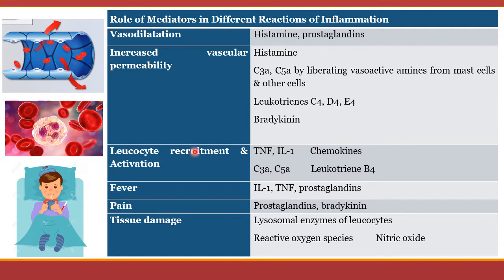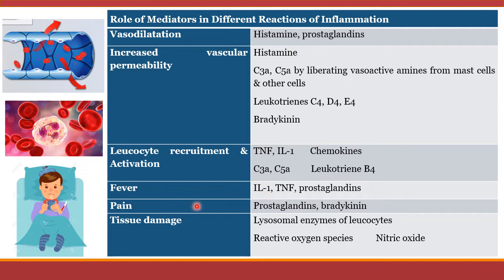For the leukocyte recruitment and activation, the most important are tumor necrosis factor, interleukin-1, C3a and C5a, chemokines of different types, and also leukotriene B4. For fever to develop in acute inflammation, the main mediators are tumor necrosis factor, interleukin-1, and prostaglandins again.